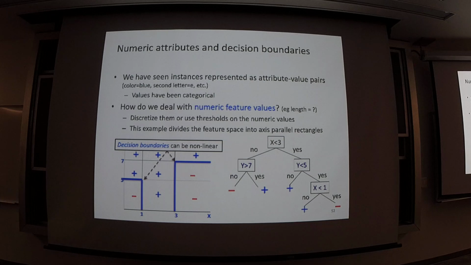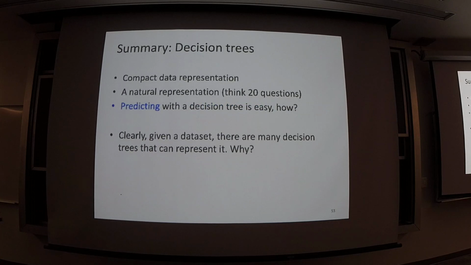Any questions so far? Okay, good. So we have introduced the general definition of decision trees, and basically we can view decision trees as a compact data representation, and also a natural representation. Why is it natural?